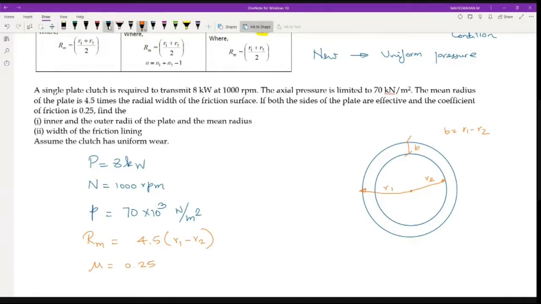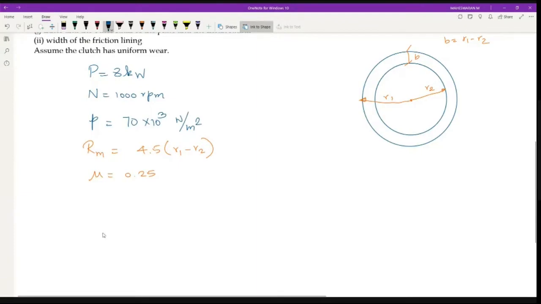First we start with this. Same procedure. We have the power, so let us identify the torque. We know that power is equal to 2 pi n T by 60, which means torque is equal to 60 into P divided by 2 pi n.